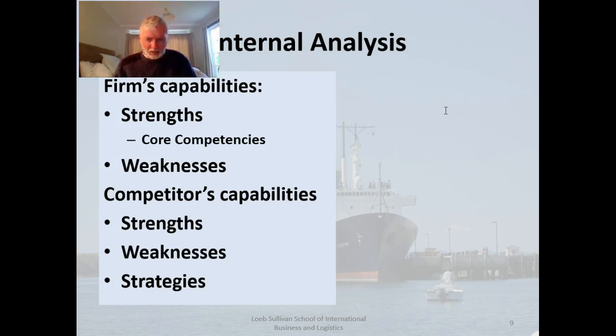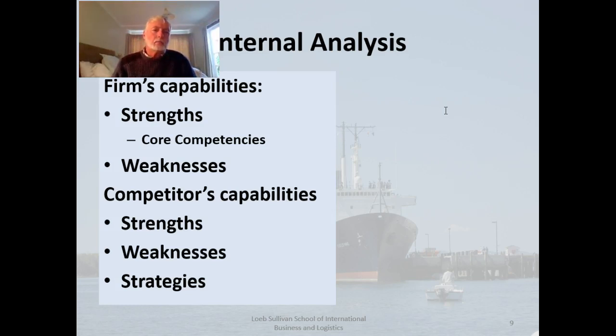So understanding what it is that makes us special, what we're really good at, is really important. And then also the weaknesses that we may have, things that we're not particularly good at, that may need to be either strengthened or potentially outsourced. So understanding our own strengths and weaknesses, really important.